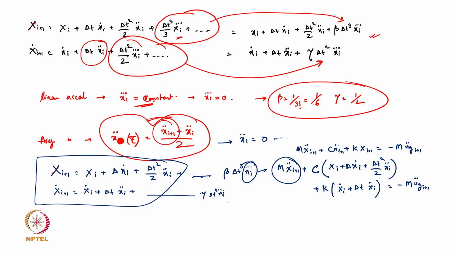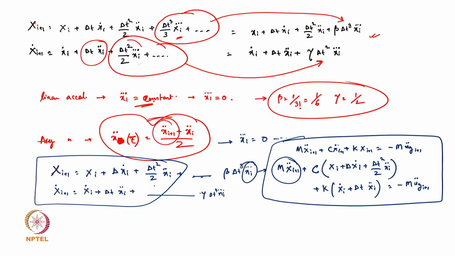So if you go this way, does that method remain implicit or does it become explicit? Suppose I have this equation, I just substituted this one here, and if I solve it, I will definitely get this value. But you see, you may get this value, but you cannot calculate these two from here because there is no term of xi plus 1 double dot.